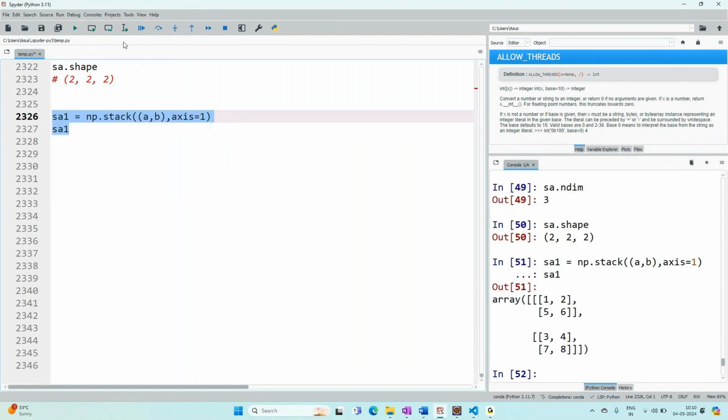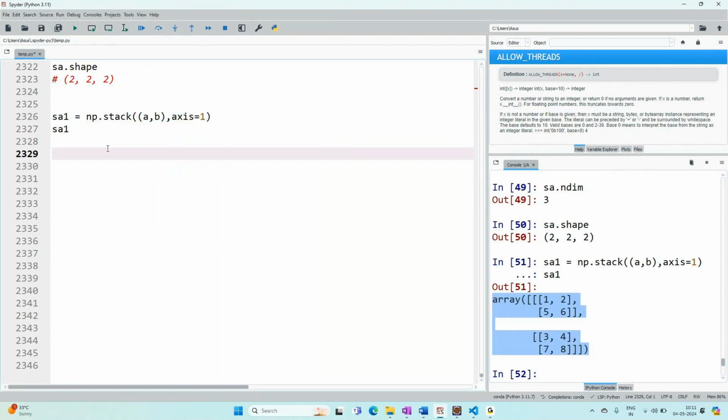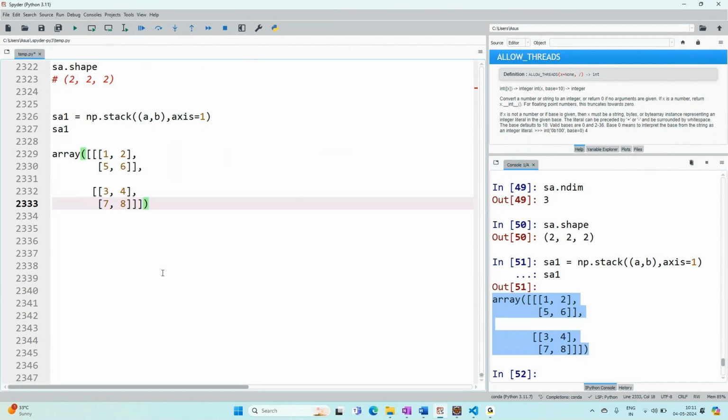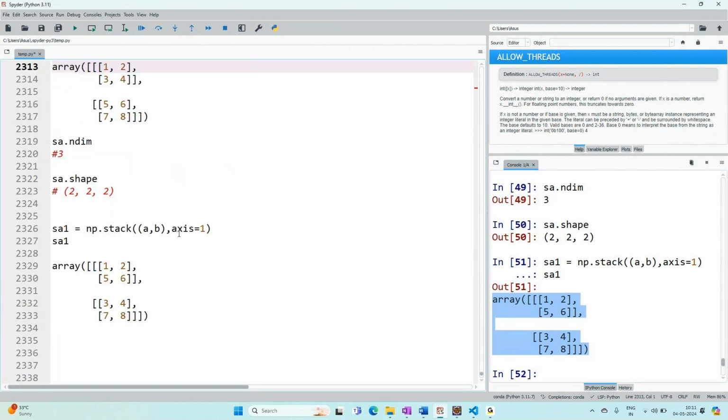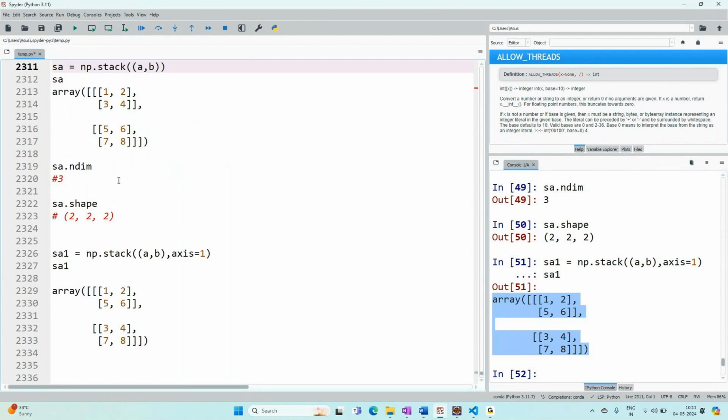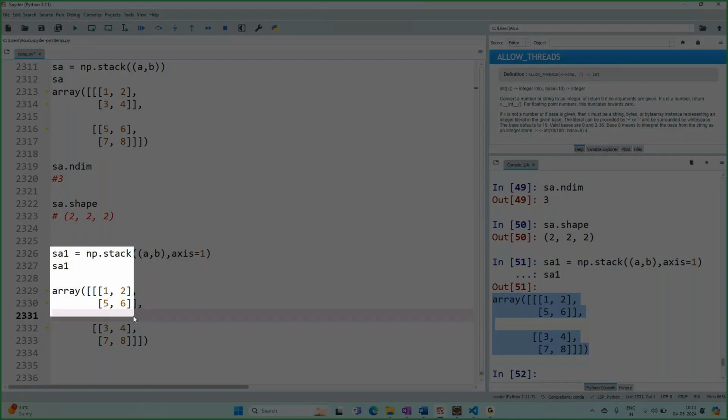Now what happened to SA1? If you observe, it also has become 3D. But what was the previous one like? 1, 2, 3, 4, 5, 6, 7, 8. Now if you say axis is equal to 1, you see a small variation. What is that variation?